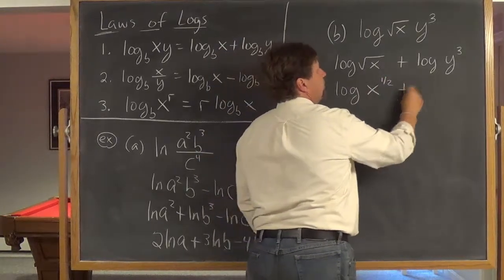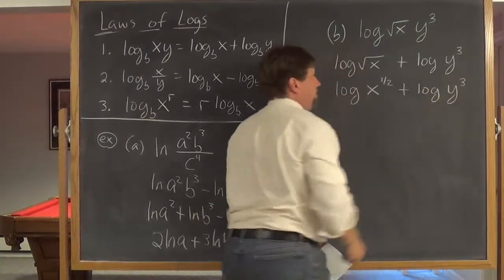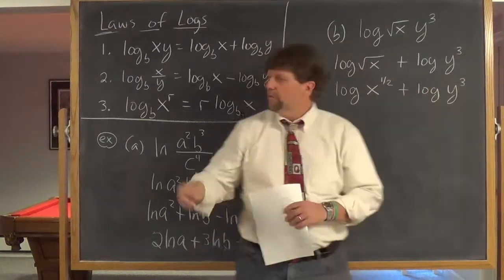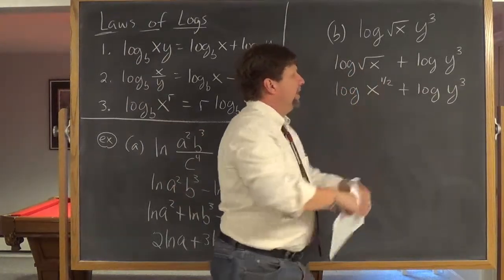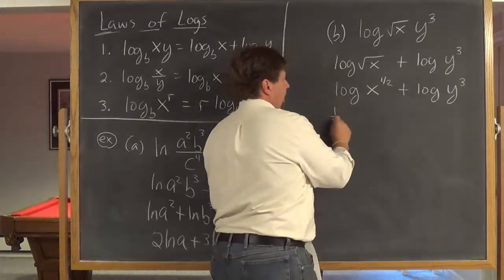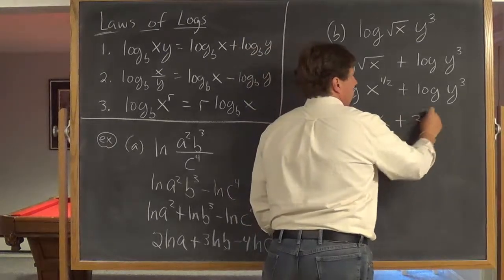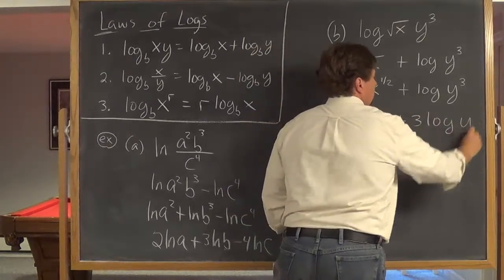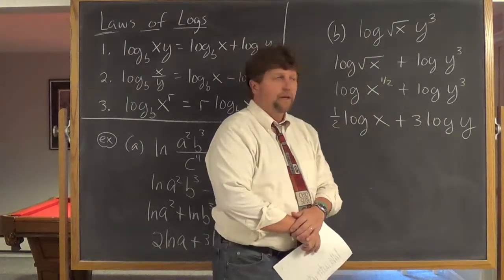So let me rewrite square root x as x to the 1/2 power. And now I can use property number 3. I can move the 1/2 out front, and move this 3 in front, to get 1/2 log x plus 3 log y. And that's as far as I can go on that one.